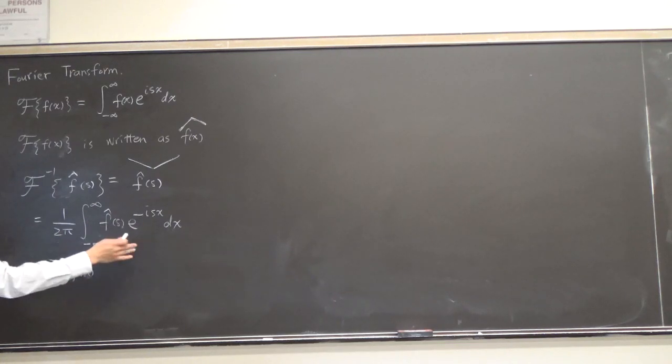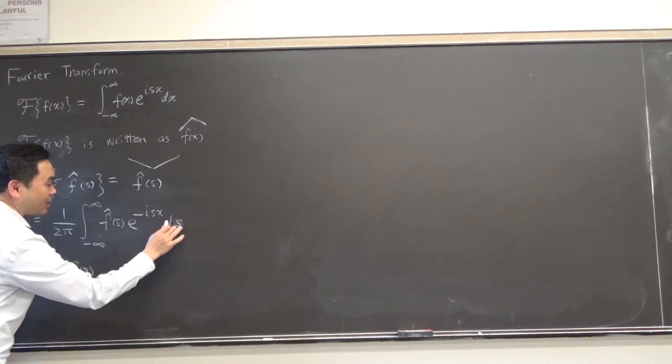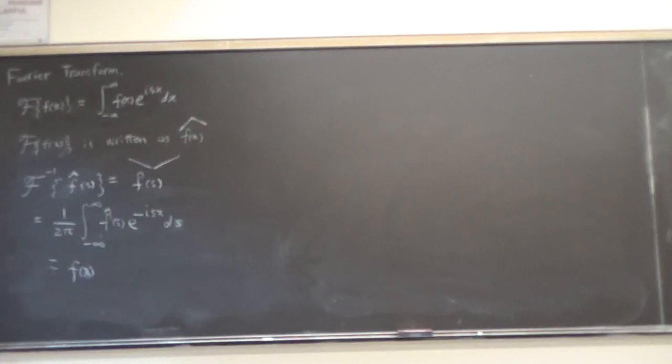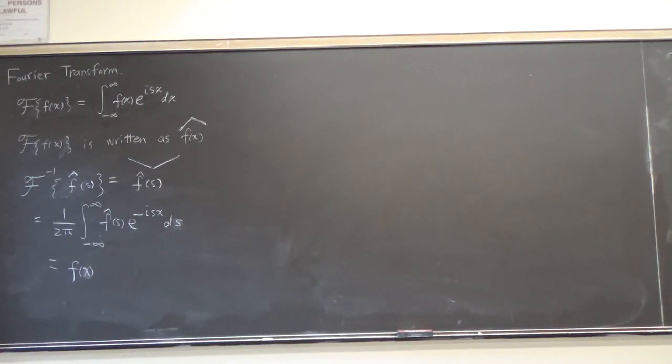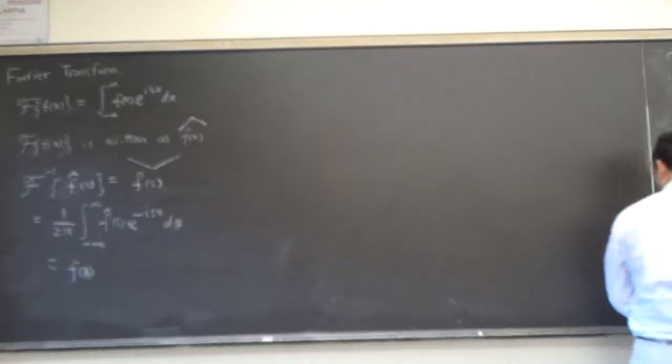See, now we integrate by s. So if I integrate by s, now it's a function of x, right? So it gives you back your original function. Now I actually want to prove this today because it's often just said, not proved, and it's a bit fun to look at the proof.